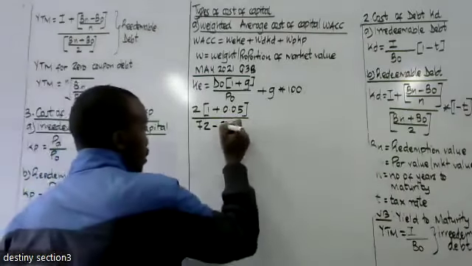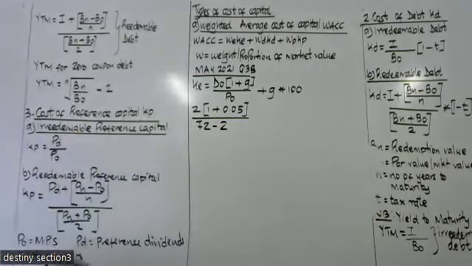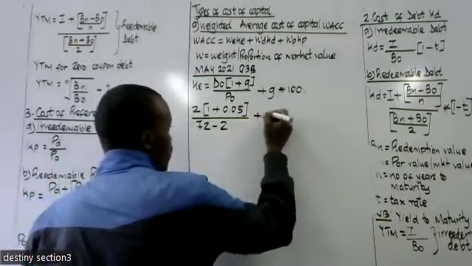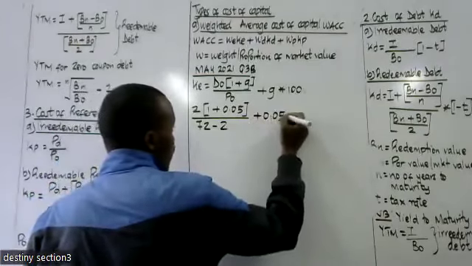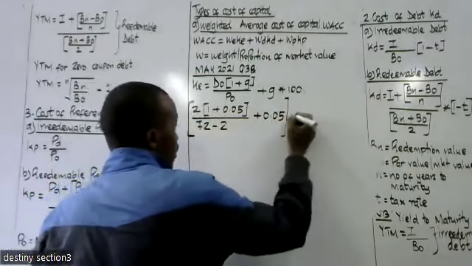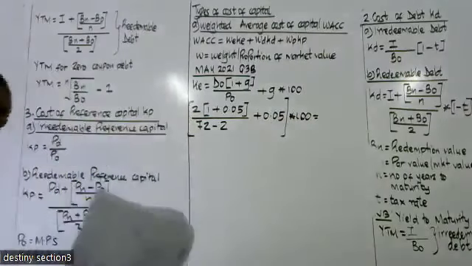So you subtract the dividend per share, 2 shillings, from the price, then add the growth rate of 0.05, and multiply everything by 100.